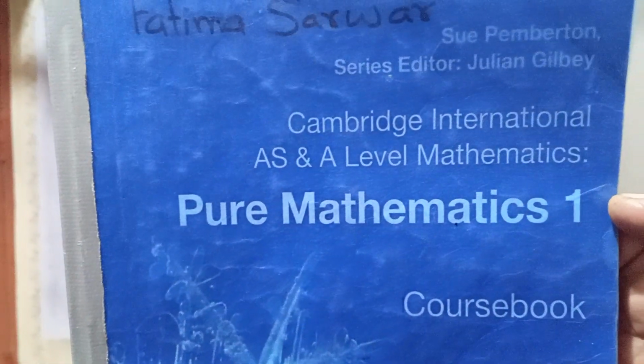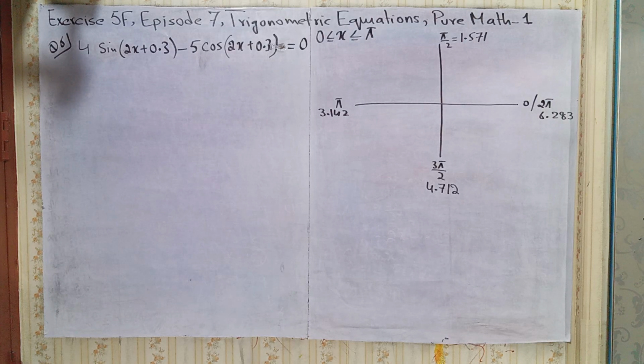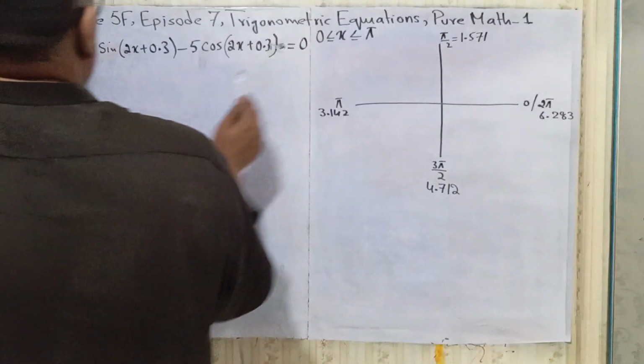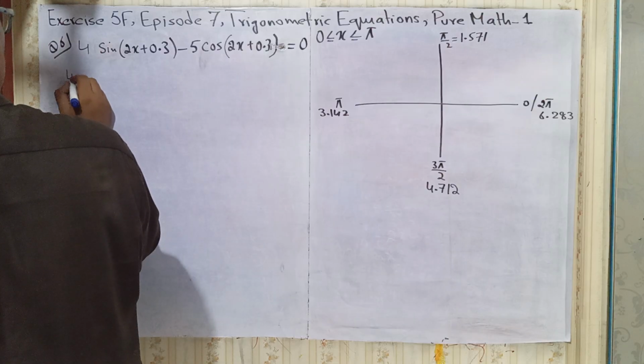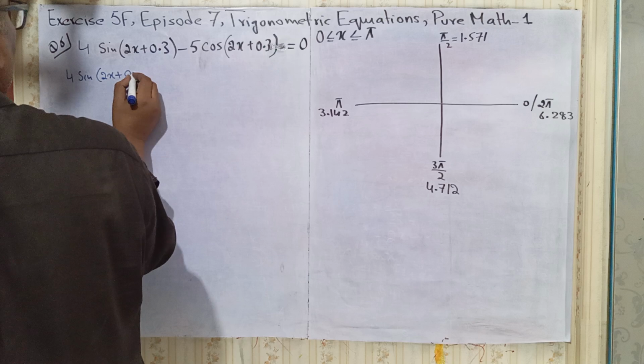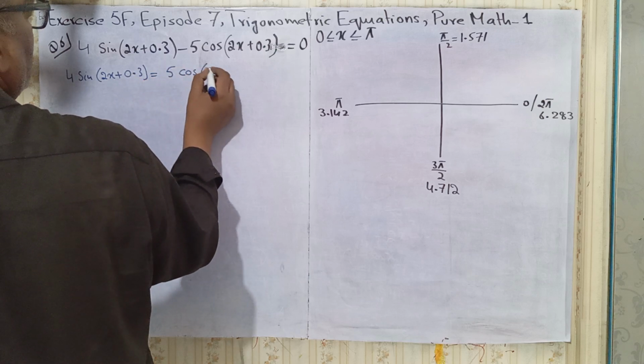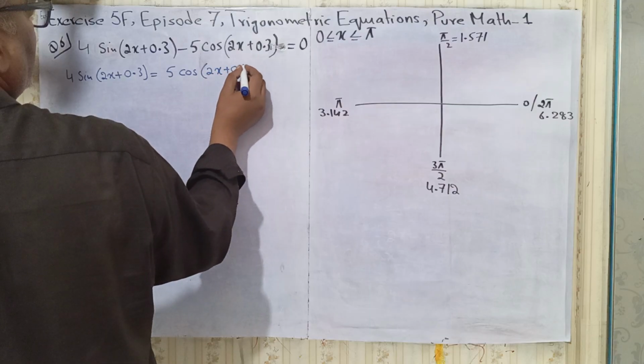Okay, so let's start. Question number 6: first of all, I am going to write them in a single trigonometric ratio. So I will take the minus 5 cos to the other side. You will have 4 sin(2x + 0.3) = 5 cos(2x + 0.3).